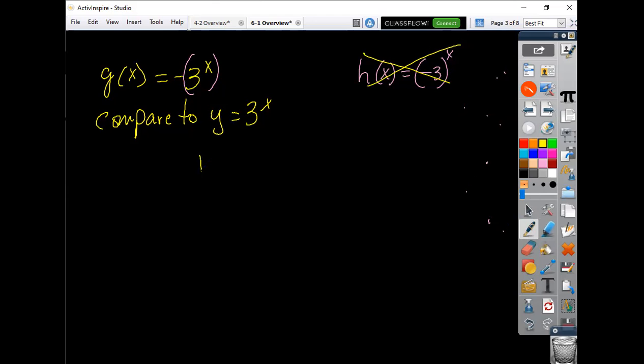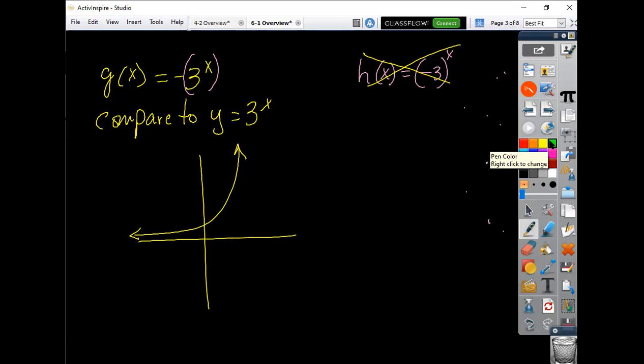So our 3 to the x, it's just like our 2 to the x was. It's going to be going like that. Our negative outside the 3 to the x, all that's going to do, and I'll pull up Desmos for you. So if I put my g of x over here, let's label these.